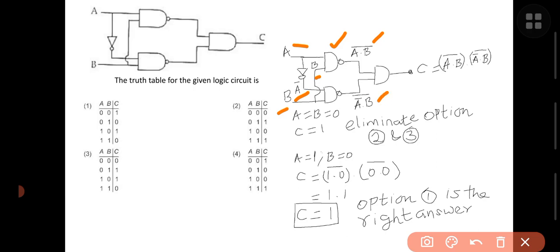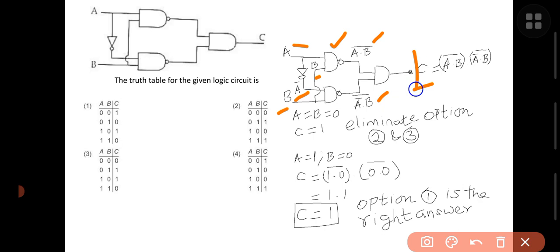Now, the two outputs of the NAND gates are ANDed and we get the final output C. So C is equal to A dot B the whole bar, dot, A bar dot B the whole bar.